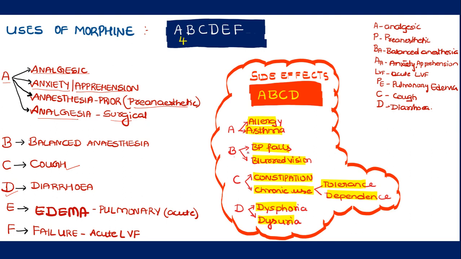B: there will be a fall in blood pressure, and it can lead to blurring of vision. C stands for constipation. Chronic use of morphine can lead to the development of tolerance and dependence. D stands for dysphoric symptoms as well as dysuria due to retention of urine, so there will be difficulty in urination.